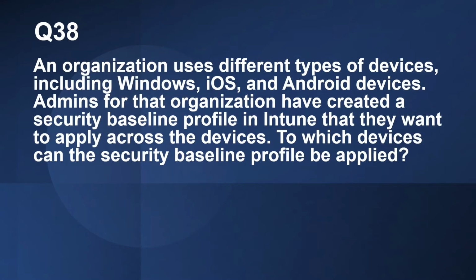Question number 38. An organization uses different types of devices, including Windows, iOS, and Android devices. Admins for that organization have created a security baseline profile in Intune that they want to apply across the devices. To which devices can the security baseline profile be applied?